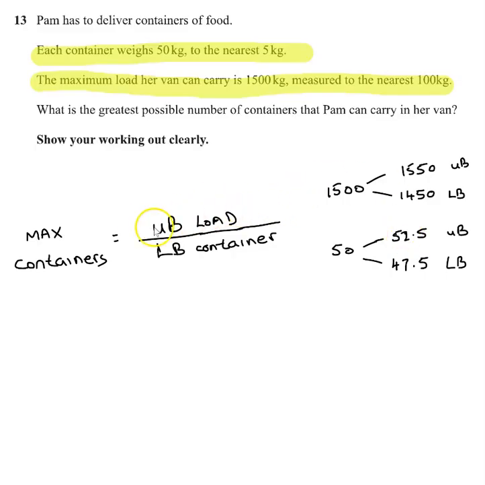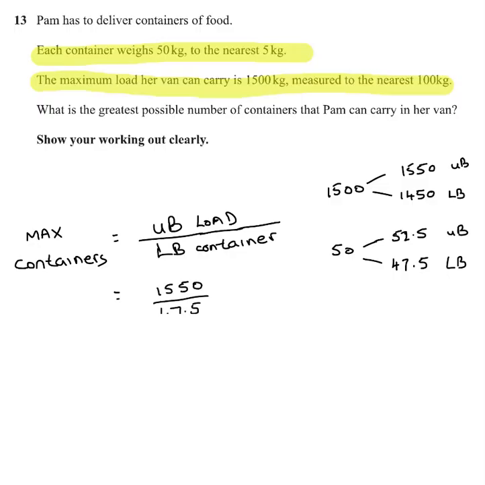Now what you're aiming for, if you've got a fraction like that, is to get the biggest gap possible. So you're using the upper bound on top of the fraction and the lower bound on the bottom, so the numbers are as far away as possible to maximize it.